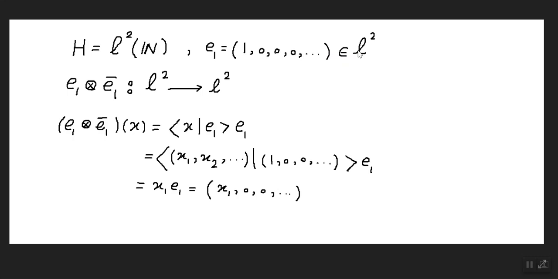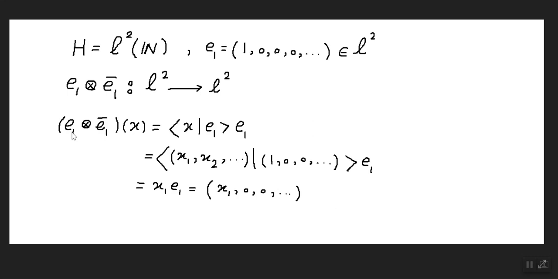If you remember, L2 has an orthonormal basis. Now we define e1 tensor e1 bar, which is definitely a compact operator on L2 because it is a finite rank operator.